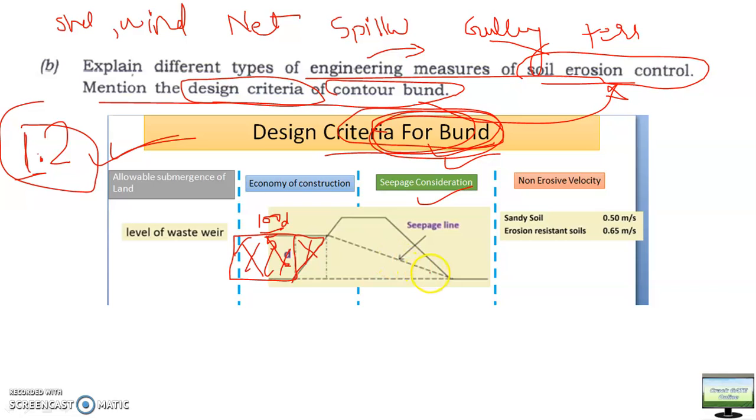And this is the seepage line. Seepage line shows that if water is impounded here and this is constructed of soil, water will seep down here. Basically water will infiltrate through this side and travel through this. So the soil below this line will be wet soil, and the seepage line must pass through the toe point of the opposite side. Okay, so this is the basic design criteria, and this much soil will be your wet soil.